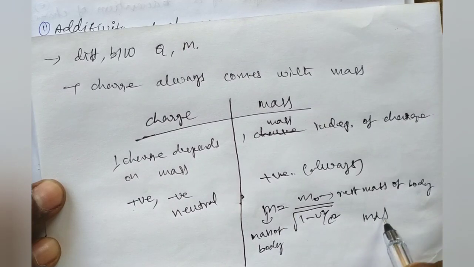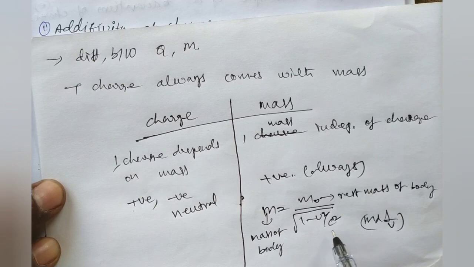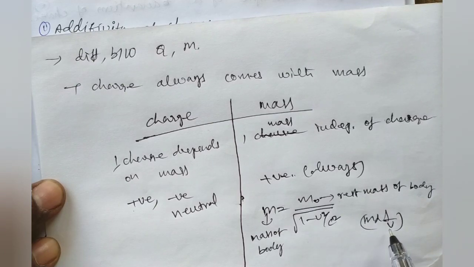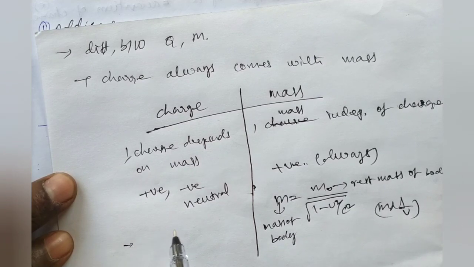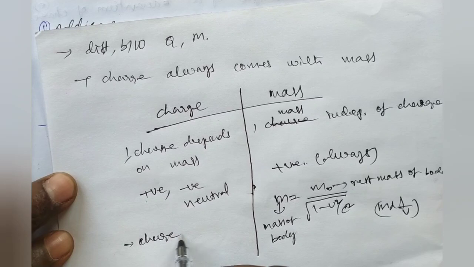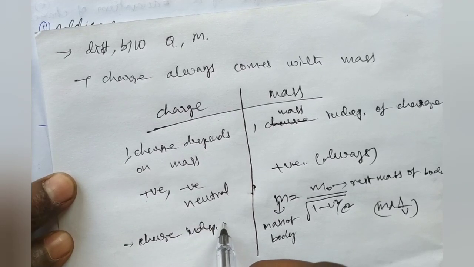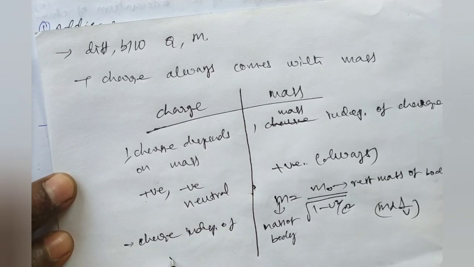That means mass depends on velocity. But charge is independent of velocity or speed.